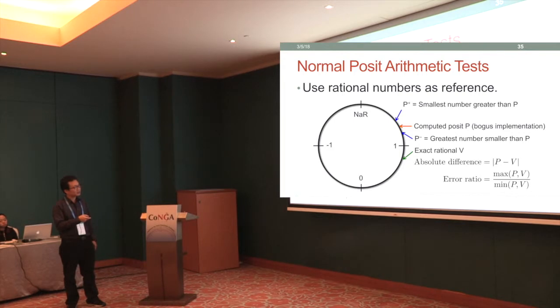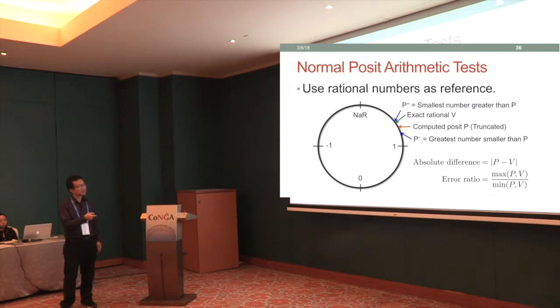So in this case, we have value V here and the computed P is here. By inspection, you will find that this is obviously a wrong answer, but in a test, we need to do it systematically. So we look up the P plus and P minus, that is the nearest posit numbers around P. If P is the correct answer, it should have the lowest error. But in this case, the P minus would have a lower error. So we know that P minus in fact is a better answer, and P definitely is not the correct answer.